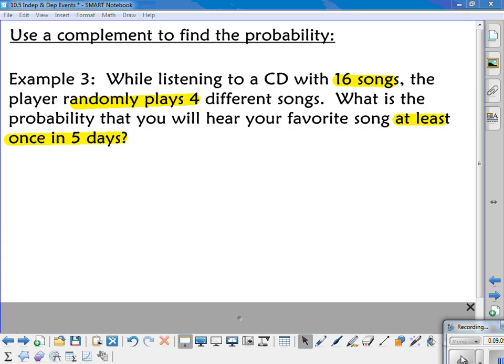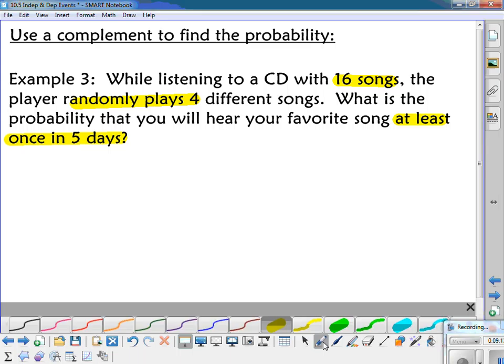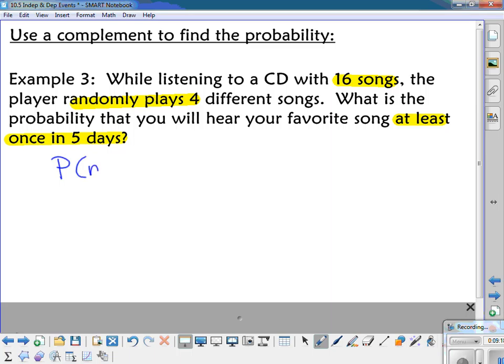So instead of figuring out the probability of hearing it all those different ways, I can figure out the probability of not hearing it, and then just subtract it from 1. So on my CD, how many of the songs are not my favorite song? 15 of them, right?